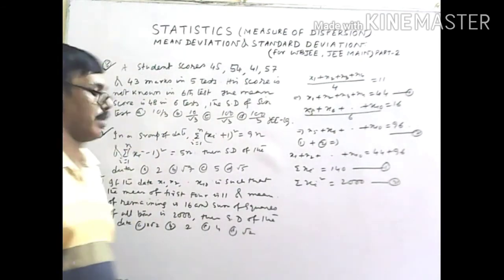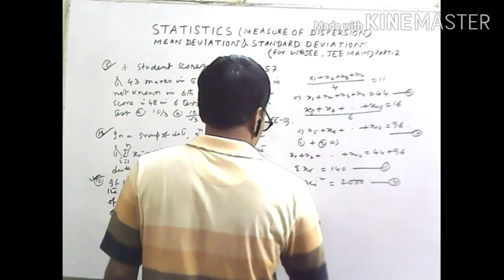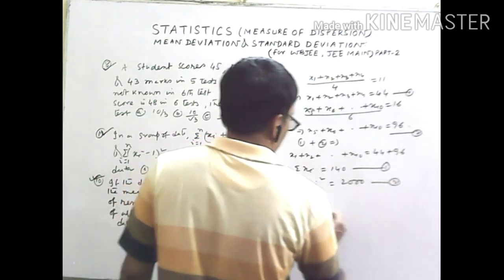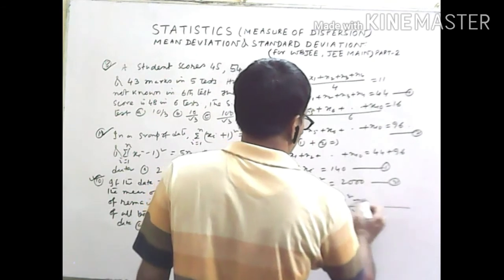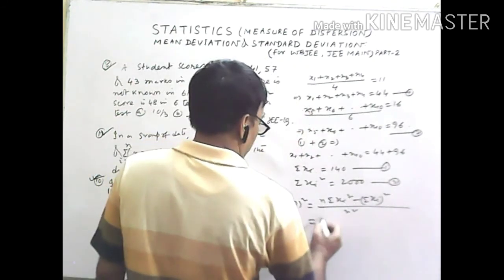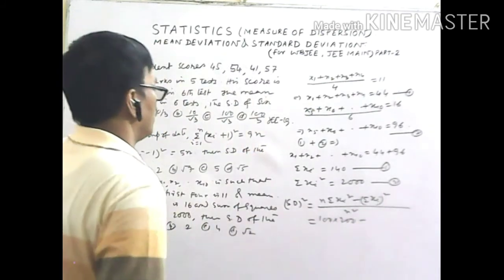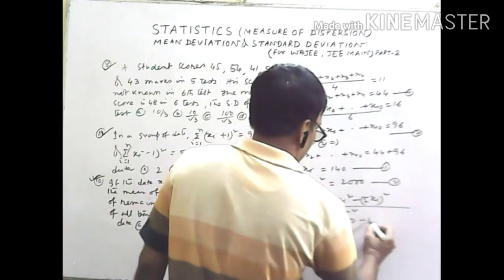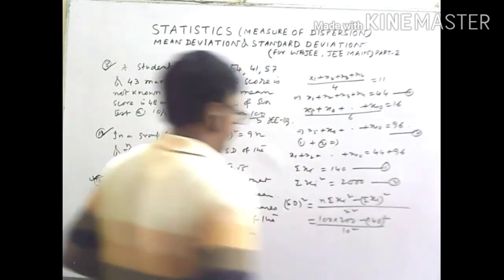Find the standard deviation. So standard deviation whole square is n into summation xi square minus summation xi whole square, all over n square. So what is n? 10 into 2000 minus summation xi, which is 140 square, by 10 square.